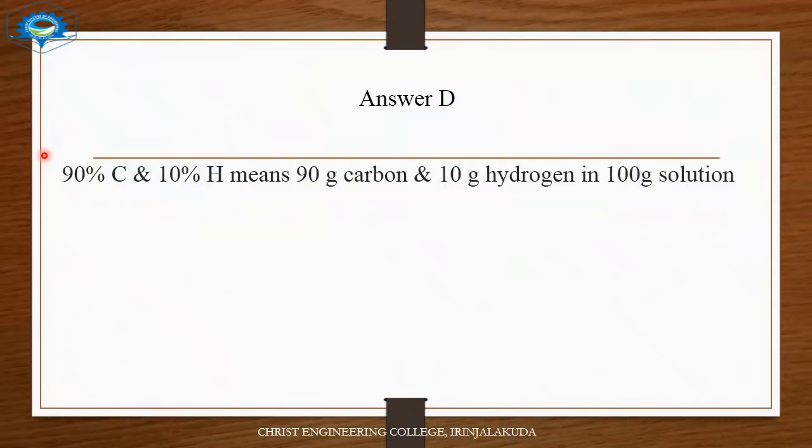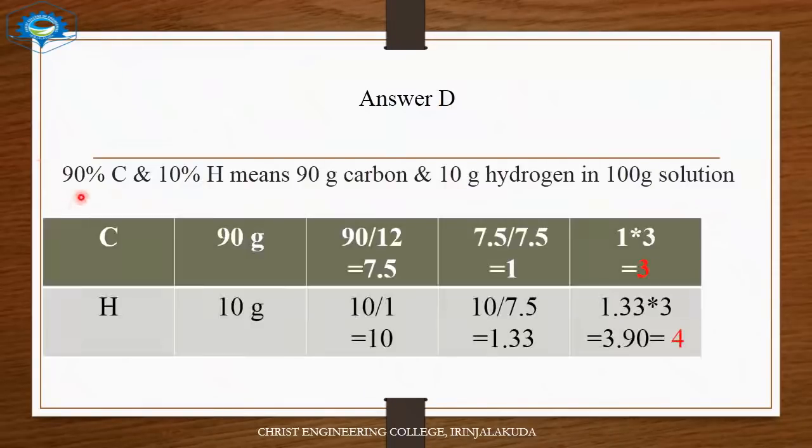Then how will we find this empirical formula? There is a method that you have to remember. We have two atoms in our molecule, carbon and hydrogen, as given in our problem. Carbon, 90% so 90 gram, and hydrogen 10 gram.